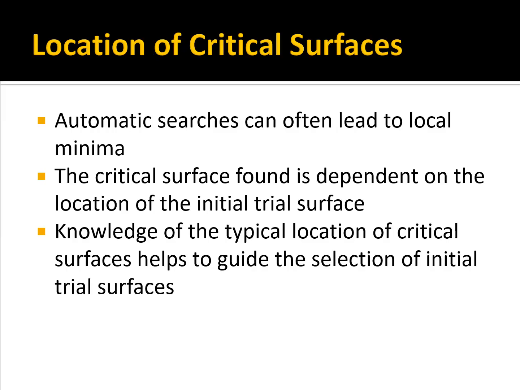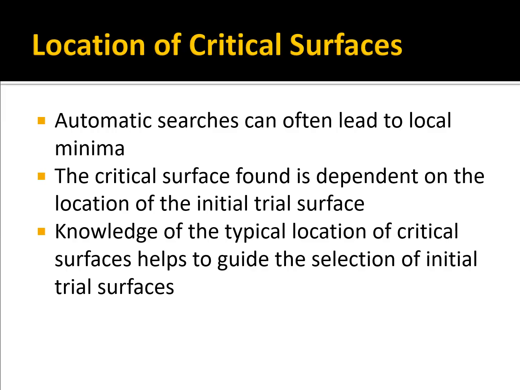And so just to quickly summarize, the automatic searches that you do with UTexas ED can often lead to local minima. We've seen that in our in-class exercises. And the critical surface that you find is dependent on the location of the initial trial surface.